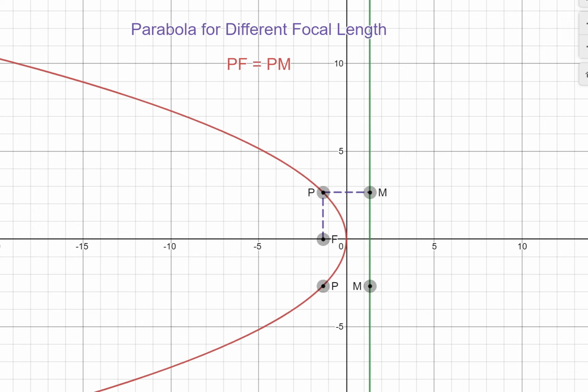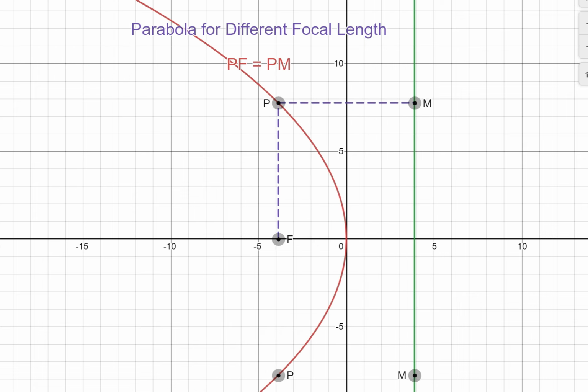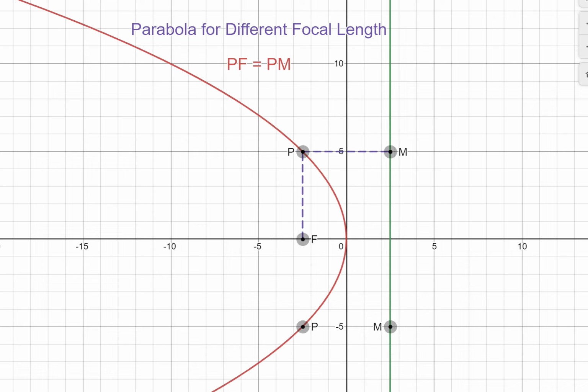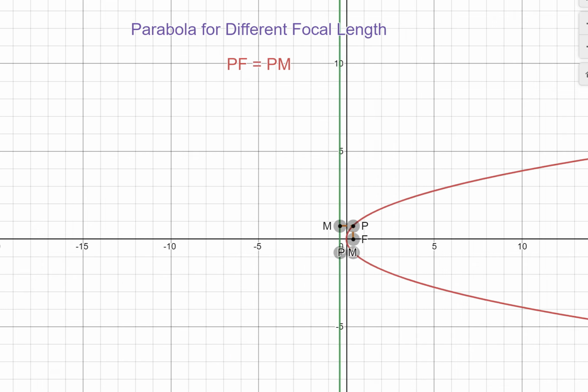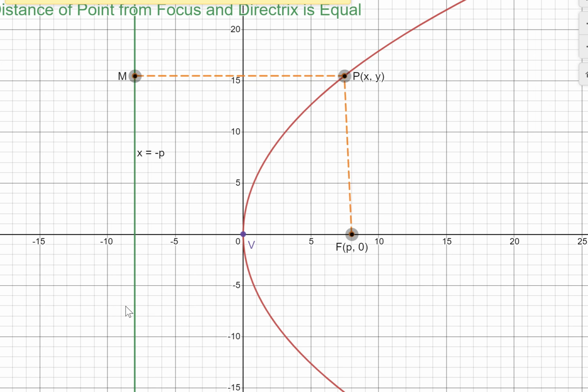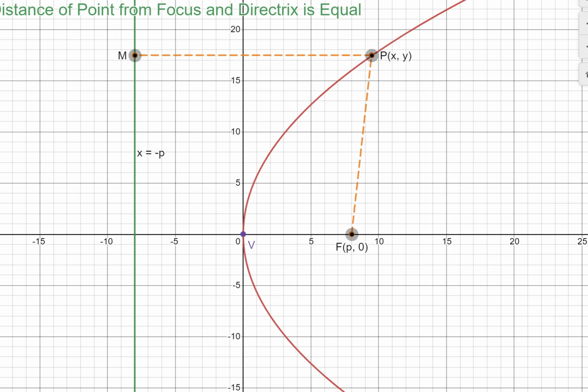Let us have a closer look at the point on the parabola. In this part of the video, we have fixed the focus F, and now the point is moving independently along the curve.